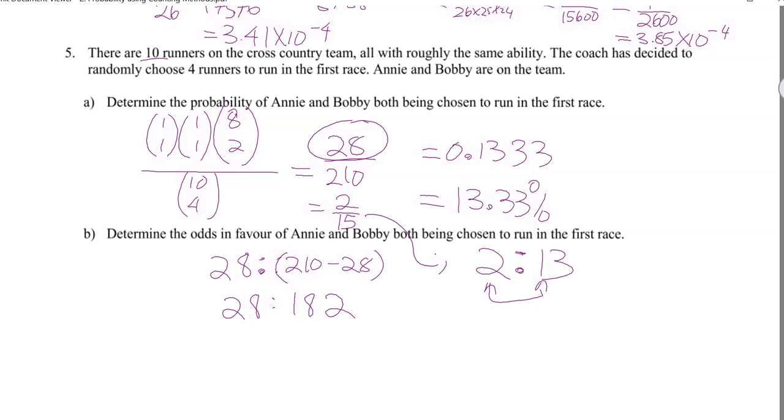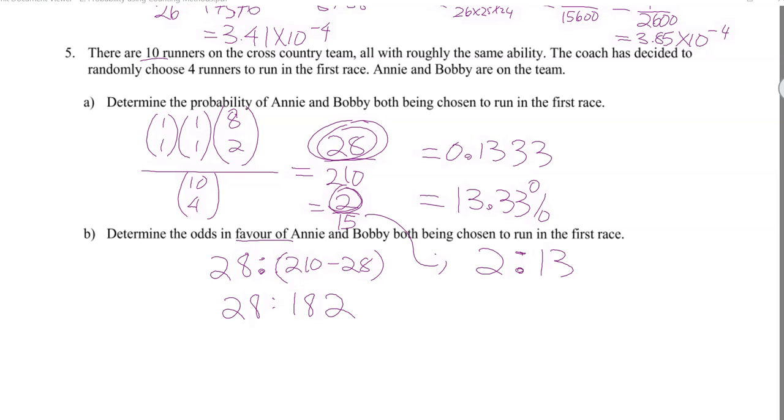So remember, this is the total. That's 15 is the total. So odds in favor are favorable. Odds in favor will always be the numerator of any probability, and then the unfavorable will always be the denominator minus the numerator, so 2 to 13.